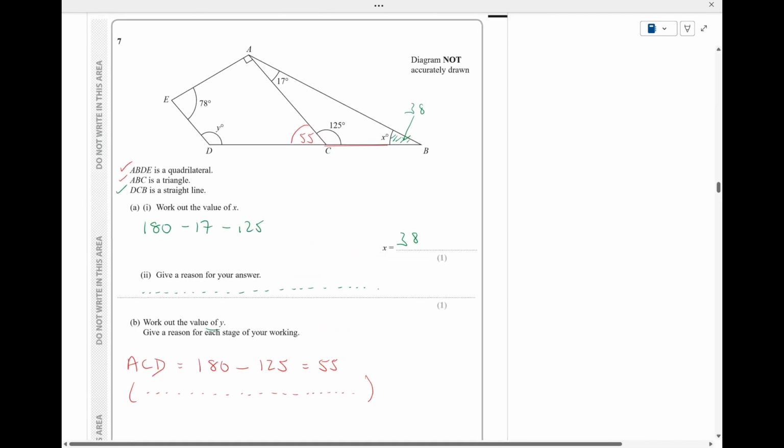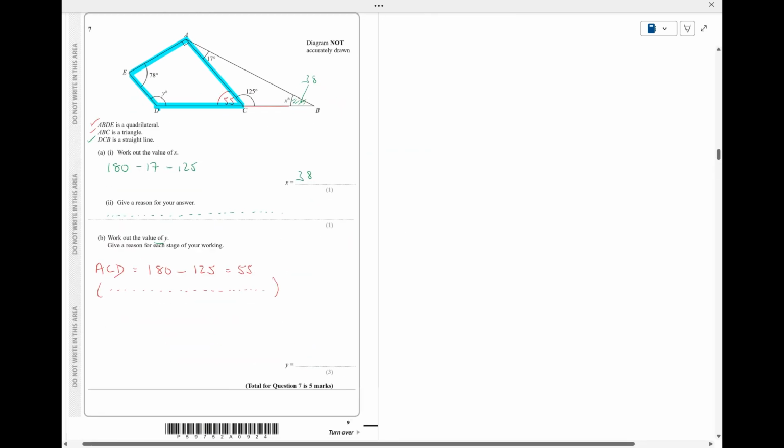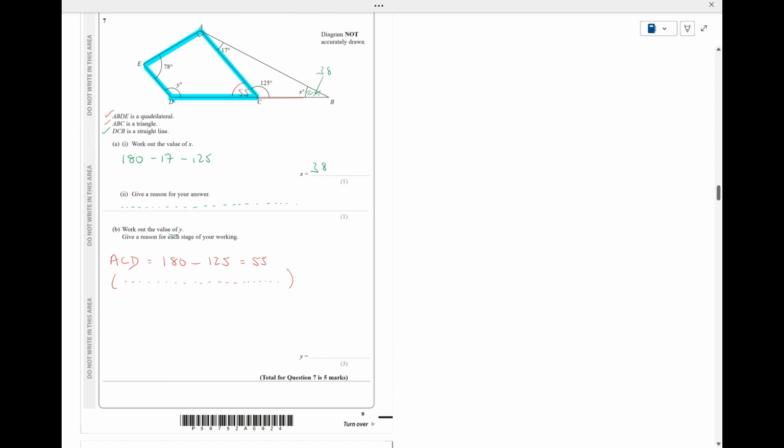Now wait a minute. I can see what to do now. Do you see here to here to here to here is a quadrilateral, isn't it? And I've got 3 angles because I know that's 90. So the angles in a quadrilateral add up to 360. So that means that y will be 360 minus the other 3 angles.